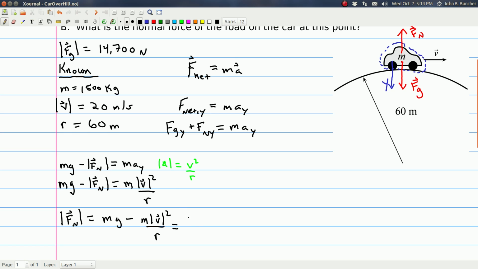If we plug in numbers, we're going to have the 1,500 kilograms times 9.81 meters per second squared, minus the 1,500 kilograms times 20 meters per second, and that gets squared, divided by 60 meters, and that's equal to 4,715 newtons.